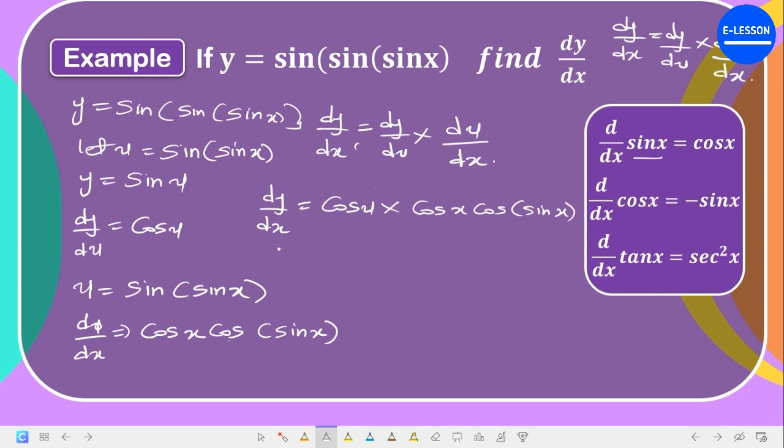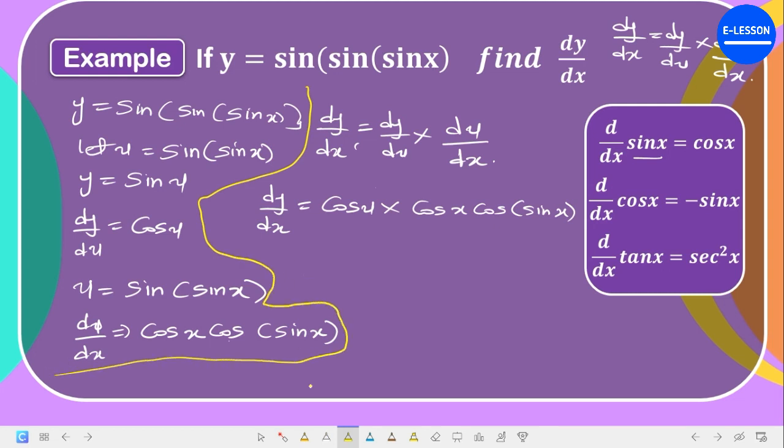Now this is a very long one. Let me create space for it here, so that we can easily simplify it. If we demarcate this part like this, that will not interfere.